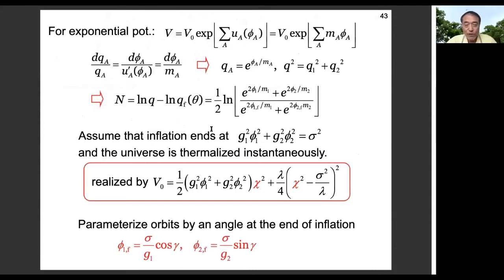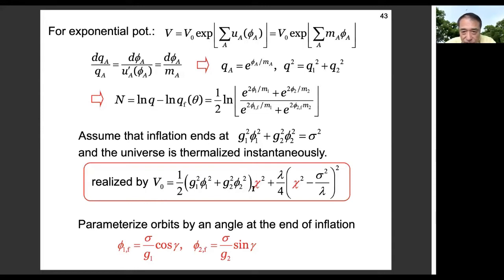You can consider any type of potential, but for example, in this so-called multiple hybrid type inflation with two different fields, you can assume the inflation ends at some hypersurface given by this, where G1, G2 are arbitrary constants, a sphere depending on phi 1 and phi 2, and of course this can be realized by a hybrid inflation type potential.